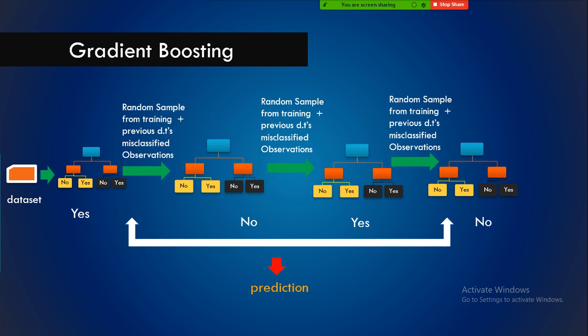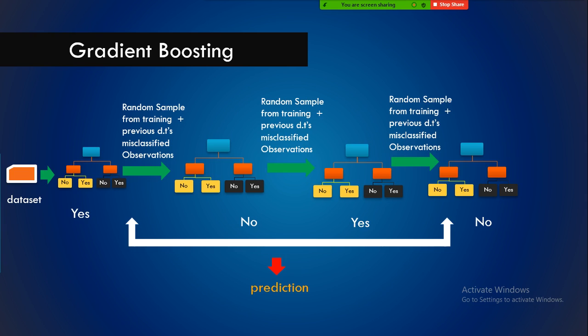Next, another boosted tree will get created, and this tree will pick up the misclassified observation from this tree along with the randomly sampled training data set. And finally, it combines all the misclassified or weak, these are called your weak learners, and then it will try to improve the classification accuracy.